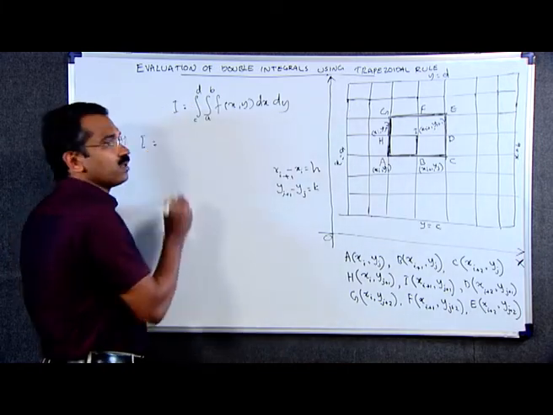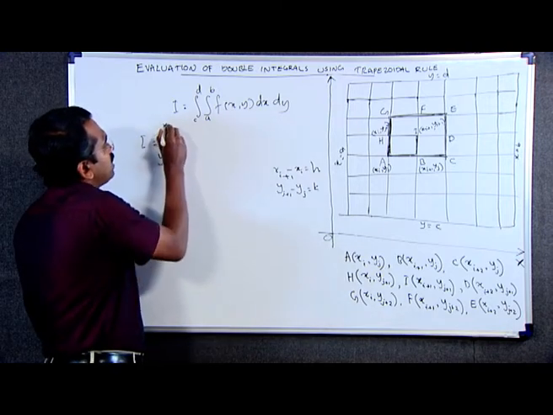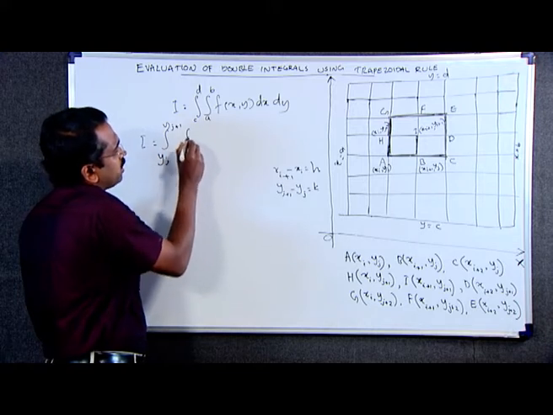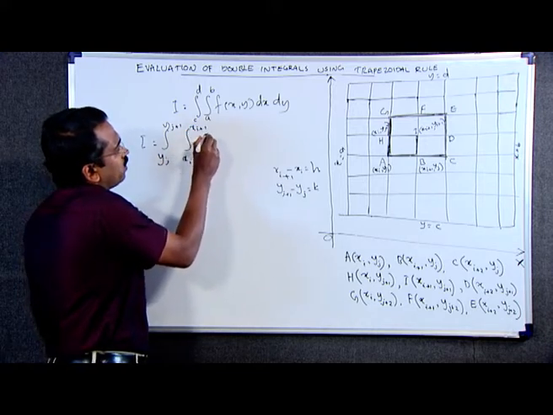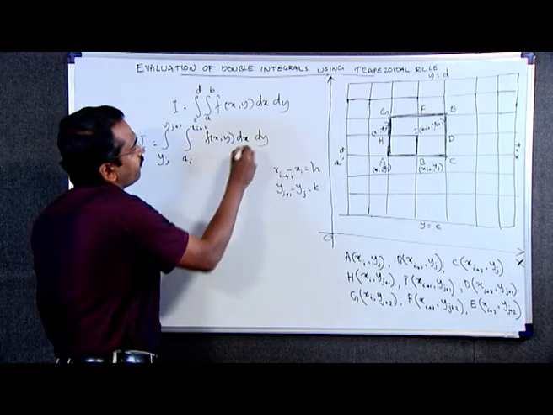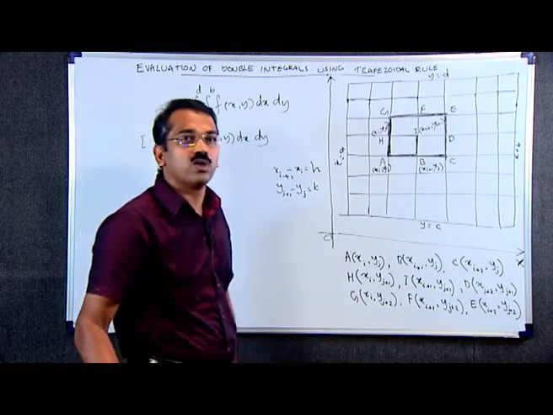Now, let us apply the trapezoidal rule to find the double integral I equal to the integral from yj to yj plus 1, integral from xi to xi plus 1, f of xy dx dy. That is the double integral over this small rectangle.